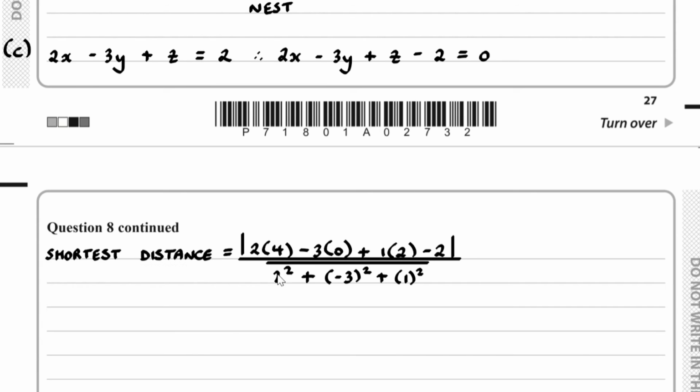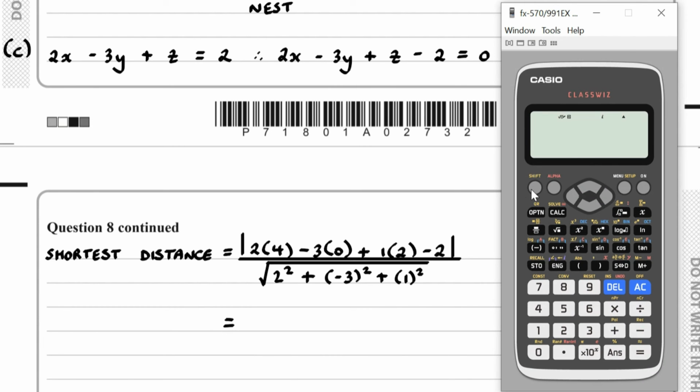And if we work out what the shortest distance is, we have the magnitude of 2 times 4 minus 3 times 0 plus 1 times 2 minus the 2 divided by the square root of 2 squared plus 3 squared plus 1 squared.